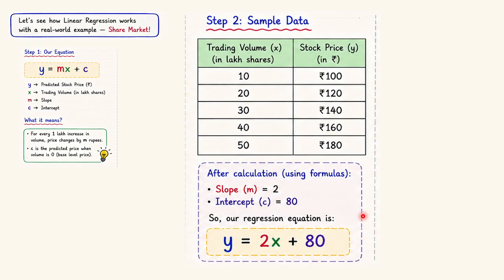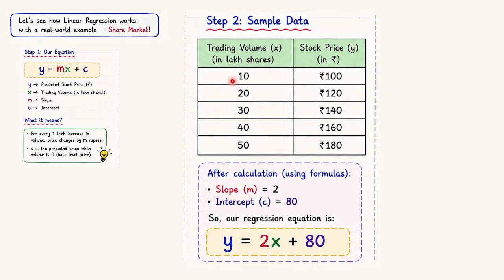So let's calculate it. You can use paper and pen for this. First let's calculate m, which is the slope. Slope tells us how much y changes when x changes. So let's take two points from our data. x is 10 and y is 100.